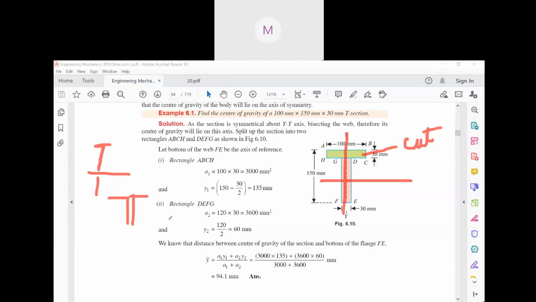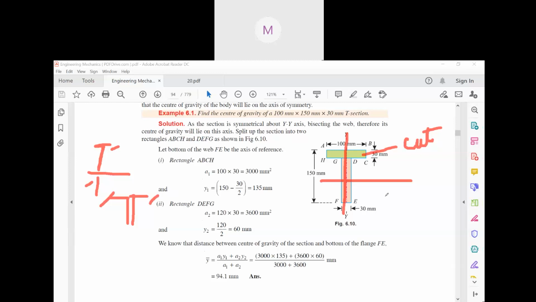That means the T is cut into half, and both are equal, right? Both are the same, but here it is not the same. Yes or no? Are you getting what is symmetrical and what is non-symmetrical? Are you getting the idea? Yes, sir. Okay, good.